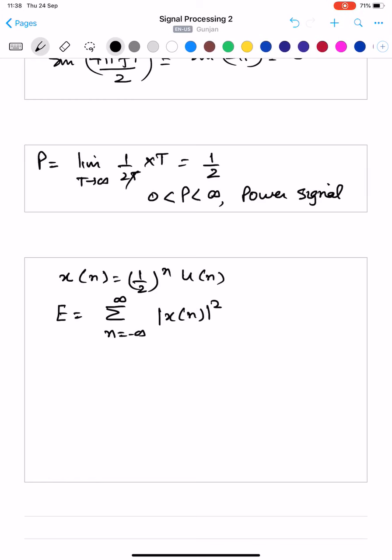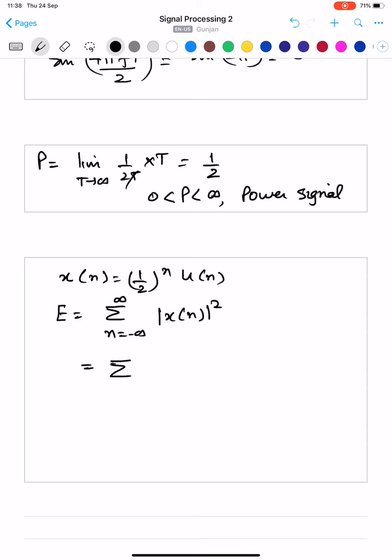So then you can say that u of n is defined from, I'm going to upload a separate video for defining these important signals, unit step, impulse functions, and all these important functions which we are going to use in this course.